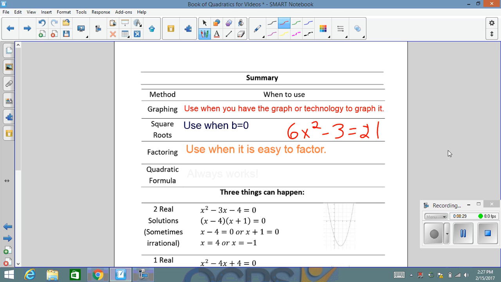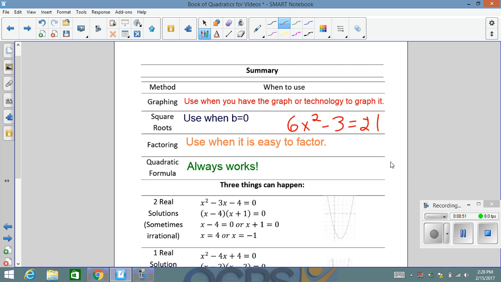Factoring you're going to use when it's easy to factor. That's basically what it comes down to. So you'll get it into standard form. If it's easy to factor, use factoring. And then the quadratic formula always works. So if you are going, which method should I use? Quadratic formula always works. So that's a good one to go to.